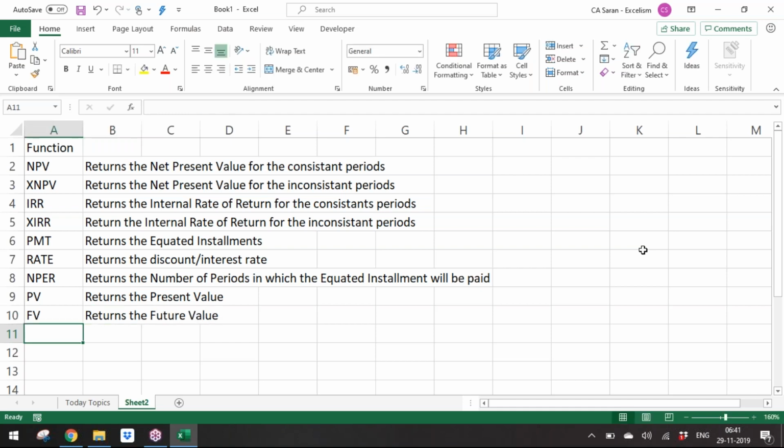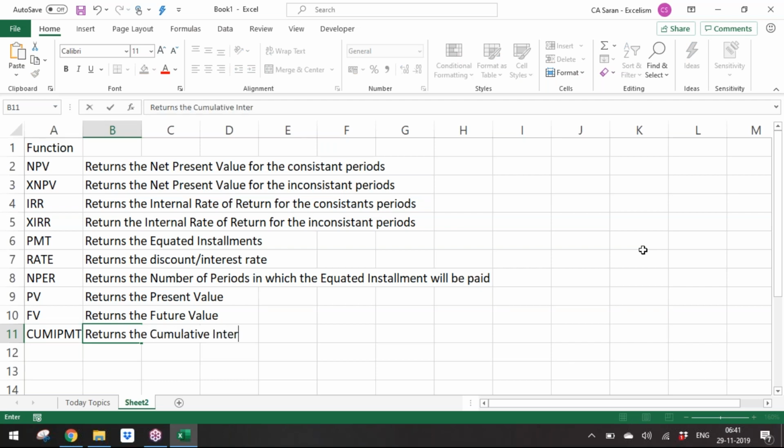We all know how to calculate present value as well as future value. Then there is one more function, CUMIPMT. It returns the cumulative interest payment for the period, or else you can put it between two periods.